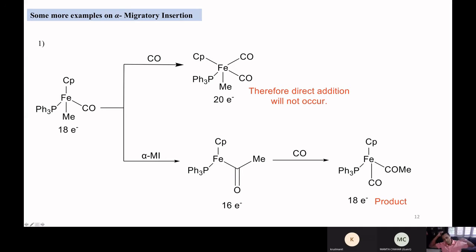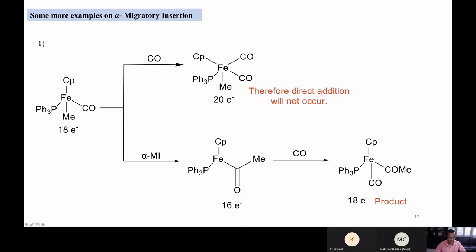Even if you put a lot of pressure of carbon monoxide, another carbon monoxide cannot come in. This is the fundamental basis why this dicarbonyl iron species cannot form. Now, what will be happening? Although you are reacting with high pressure CO, the first thing that will happen is that methyl will undergo alpha migratory insertion.